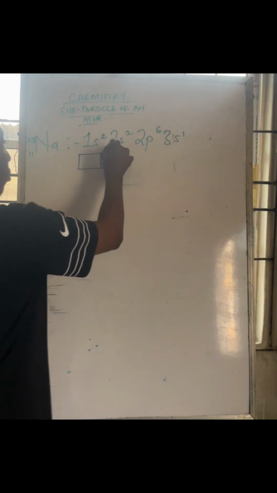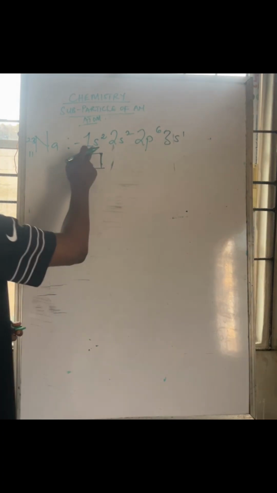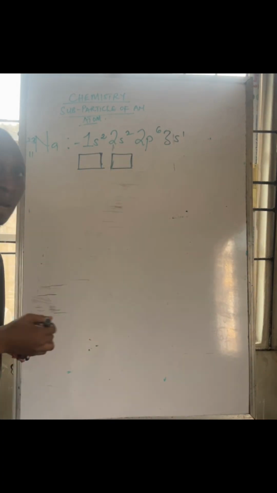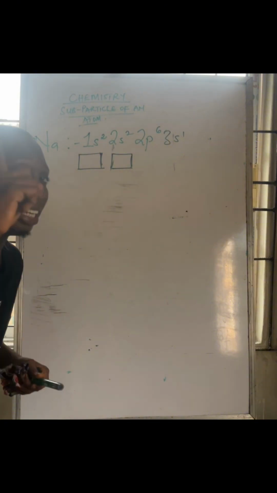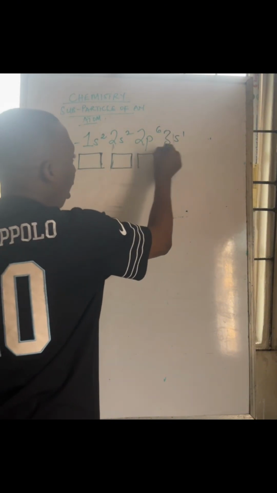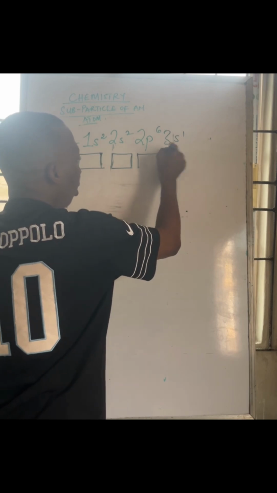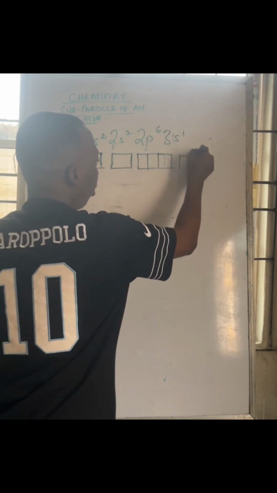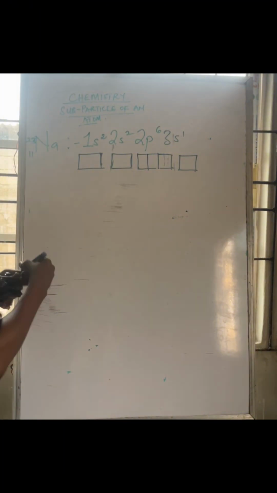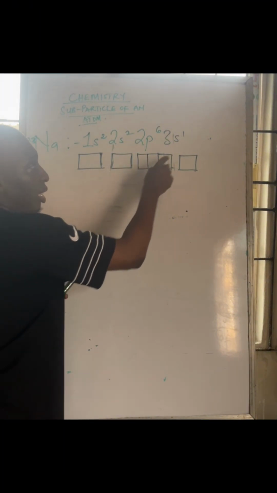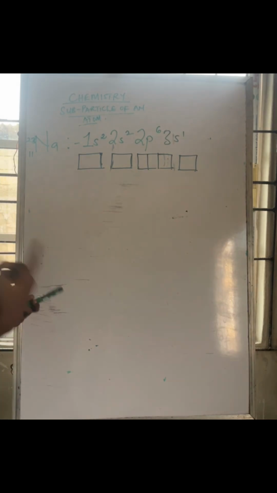Listen. Now, don't forget, as I rightly told you before, the s orbital has one degenerate, the p orbital has three degenerate, and the s as well has one degenerate. Now let's view.